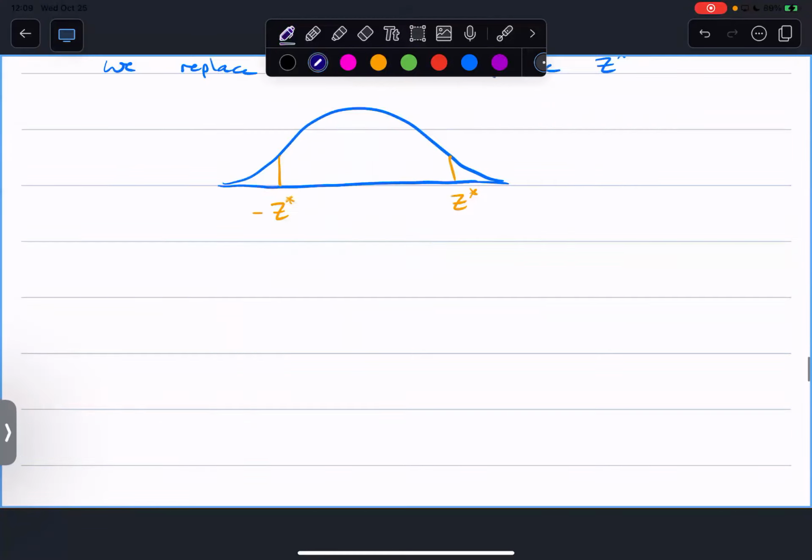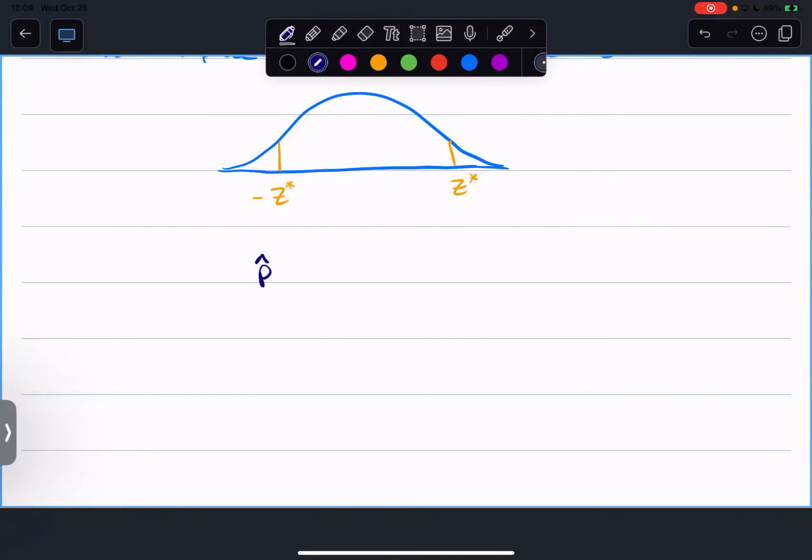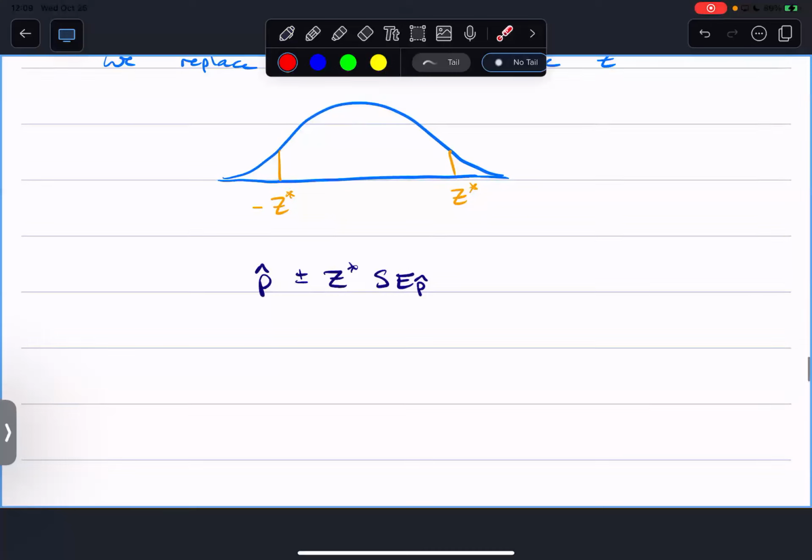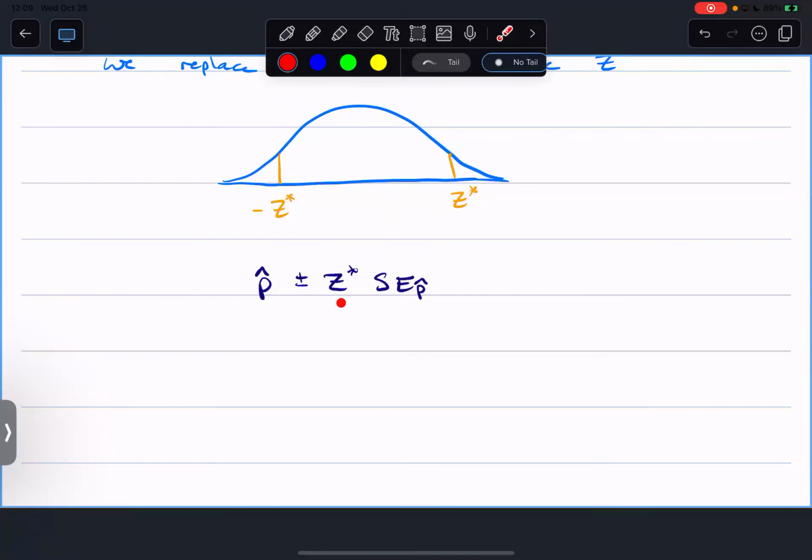Okay, so now I can rewrite this as p hat plus minus Z star times the standard error of p hat. Or if you prefer, the square root of p hat q hat over n. But I'm skipping that. Z star, you can use your Z table to find it, right?